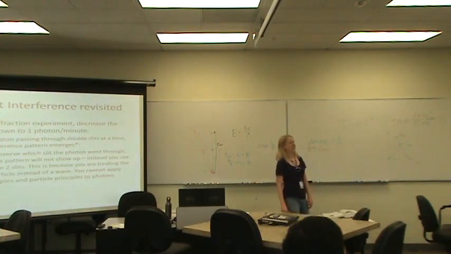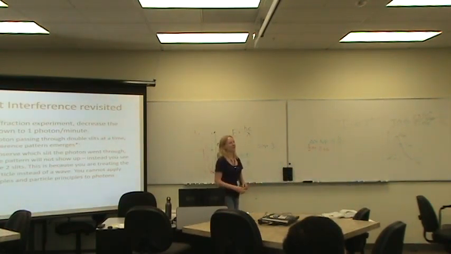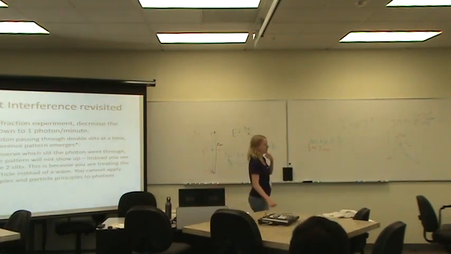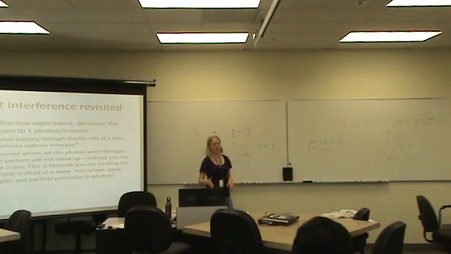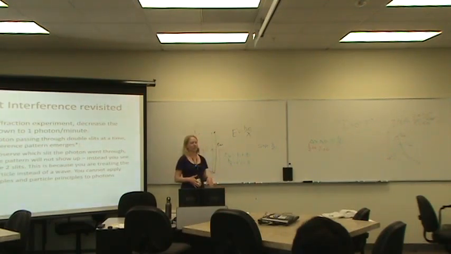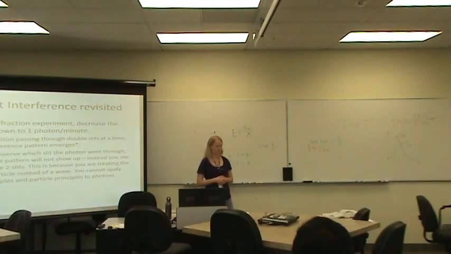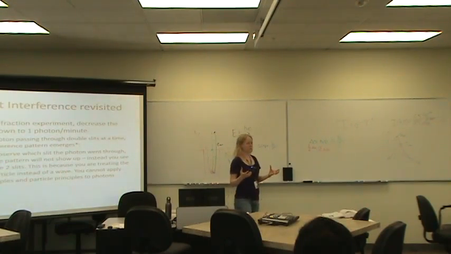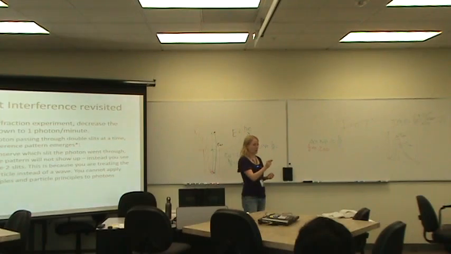Is there an explanation for why one photon, or how one photon interferes with itself? Yes. This we'll get into later today, but really, really small particles, and this applies to electrons too, but photons even more so. Photons have no mass, and so it's really easy to make this leap in your brain to say the photon isn't really a distinct particle.